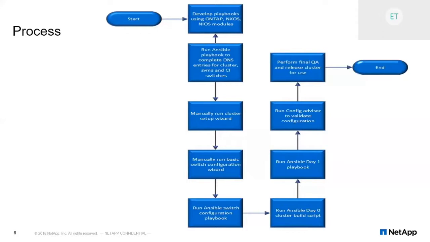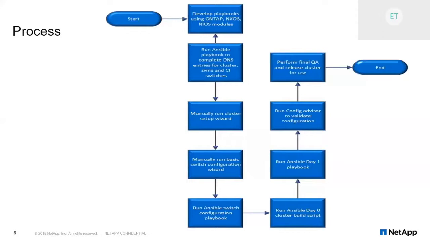Then we run Config Advisor against all of our systems to make sure that everything is configured properly and there are no system errors or issues that we may have missed by manually looking over everything. Then we have a checklist that we go through.